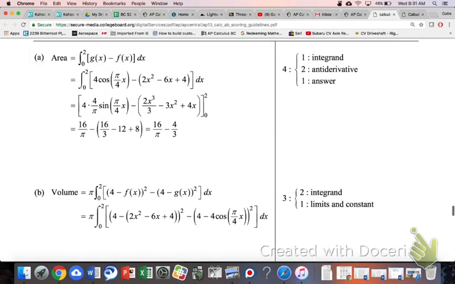Okay, there's A and B. We can look at C in a second. You can see that for A, if the calculator is active versus not active, it changes the nature of it significantly. Did anybody for A remember the deal from yesterday where you can stop well short of a totally simplified answer? You could have something like that and it's fine.